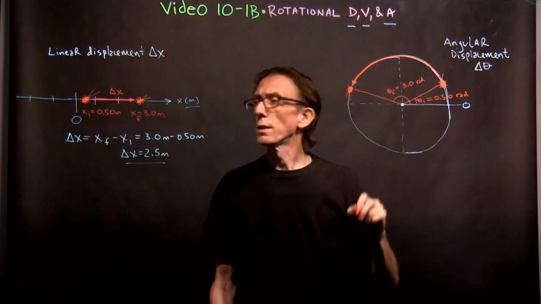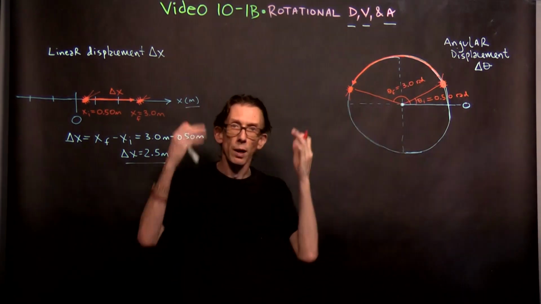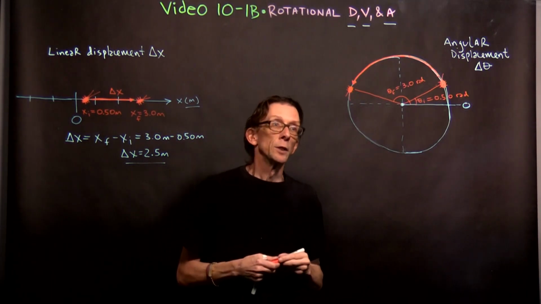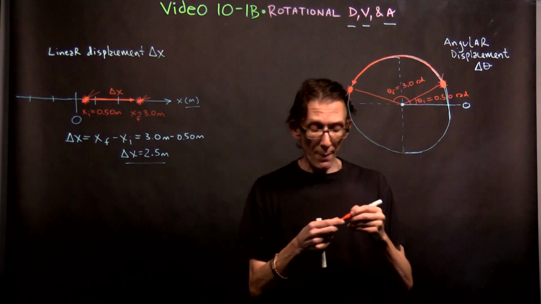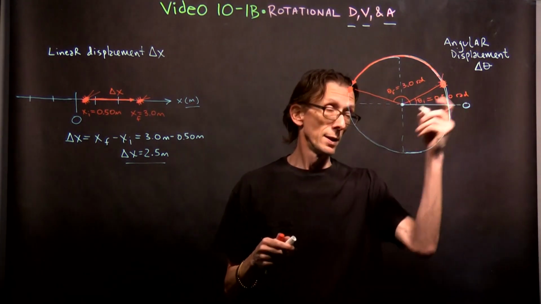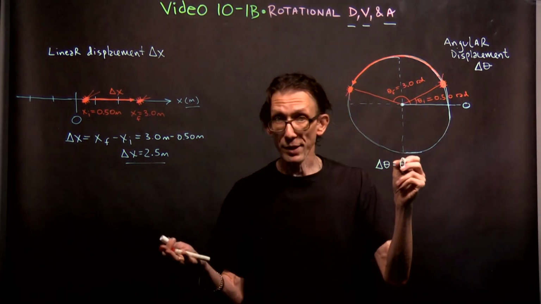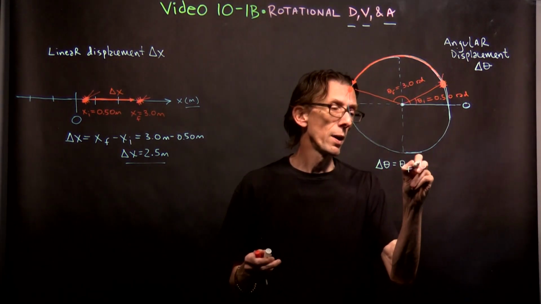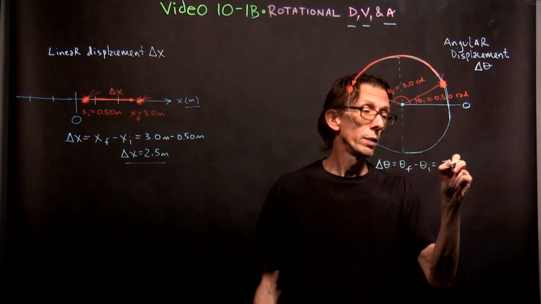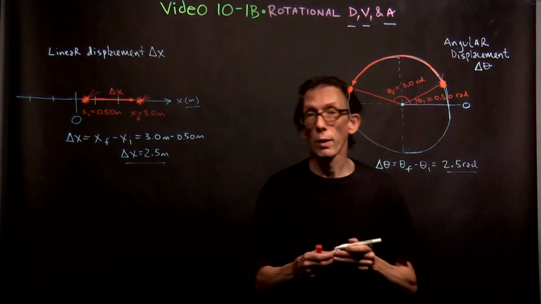Now, I didn't mean to make it 0.5 and 3 on both, but maybe it was just subconscious. I don't know. So in this case, you can see what's going to happen, right? The angular displacement is delta theta, which is, not surprisingly, theta f minus theta i, which in this case is going to be 2.5 radians. So the bug traveled 2.5 radians.